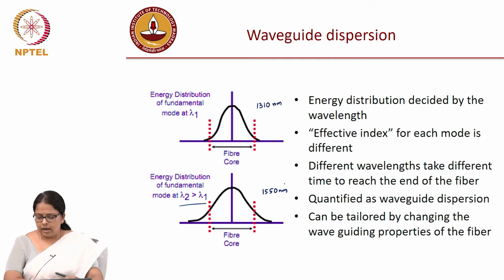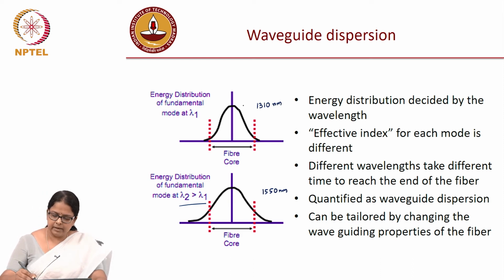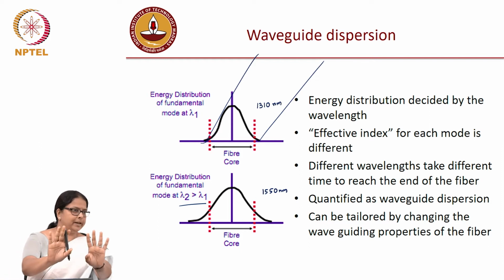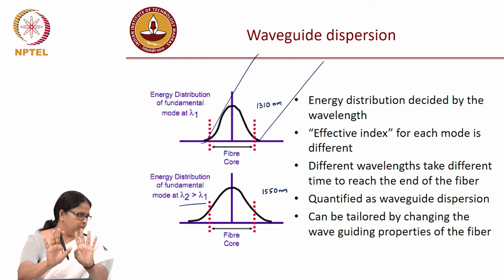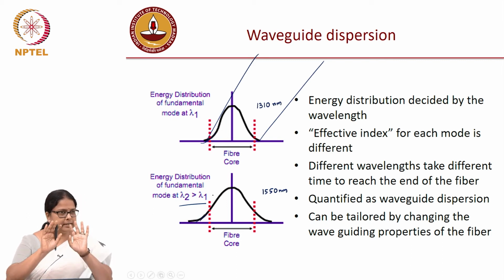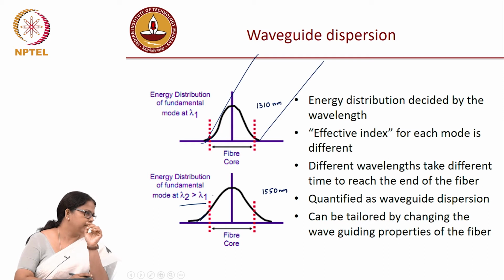Now, when you think of propagation over the fiber length, the entire intensity has to propagate through the length of the fiber. We are talking about a single mode fiber. Here again, the entire intensity has to propagate through the length of the fiber.